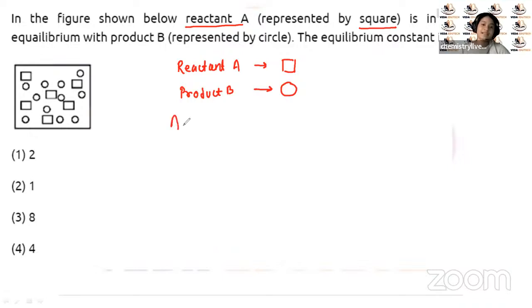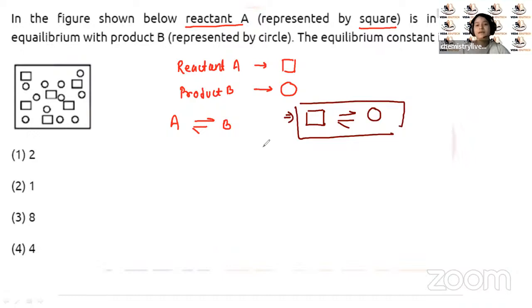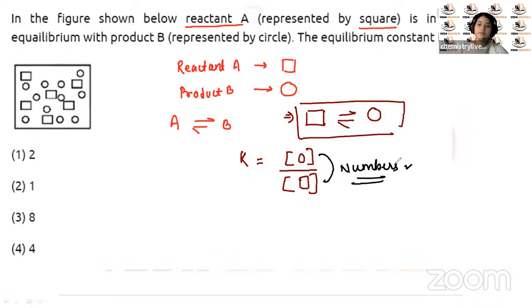So I can say that your square is in equilibrium with circle. If I want the equilibrium constant K, I have to take the concentration of circle by concentration of square. Concentration here basically means the number, so we are talking about numbers here.